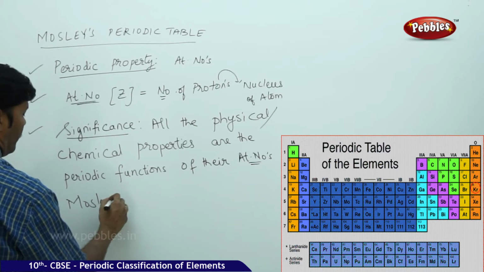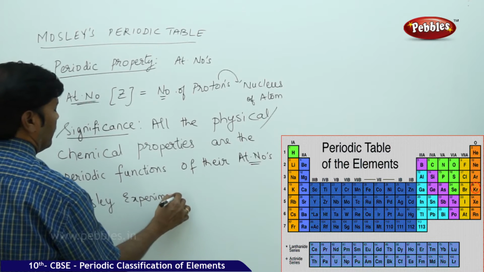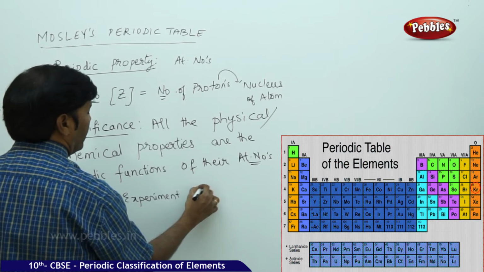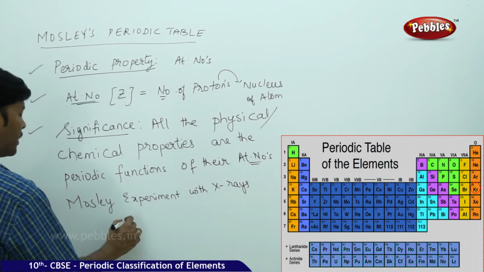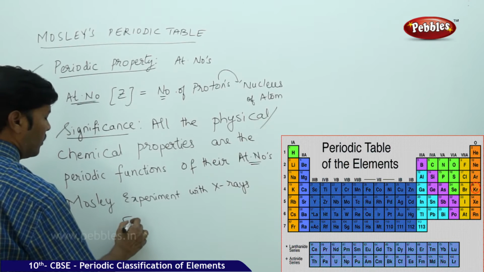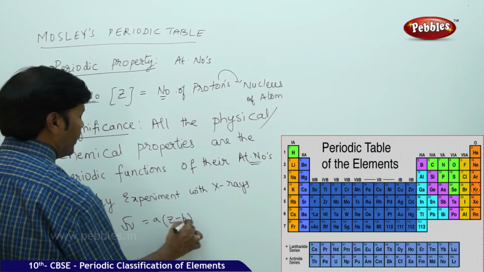In fact, Moseley's experiment with X-rays has given the expression root mu = A(Z - B).